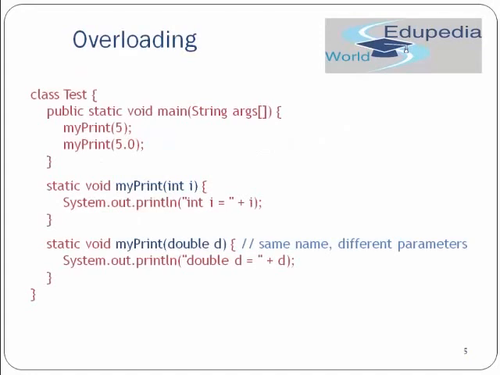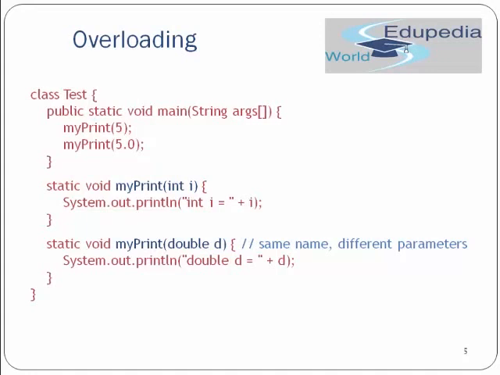So this is an example in which you can see we are having overloading. There's a class Test and we have a main method and then two myPrint methods. The first myPrint method just takes an integer input: static void myPrint, taking int i, and then we are printing that value.